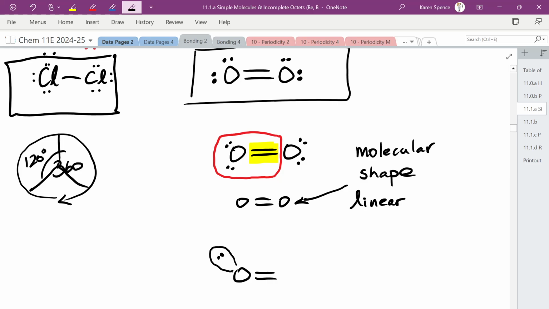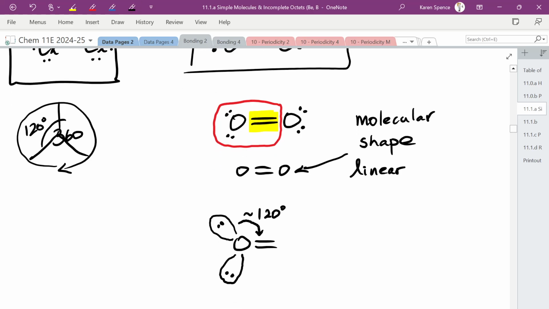A lone pair here, and a lone pair here. And as we were saying, this angle right here, what's that angle? 120 degrees. I'm going to put approximately, because we'll learn a few things that change those a little bit, but only a little bit. What is the electron domain shape here?